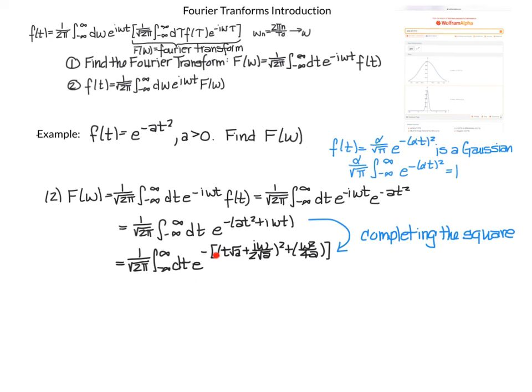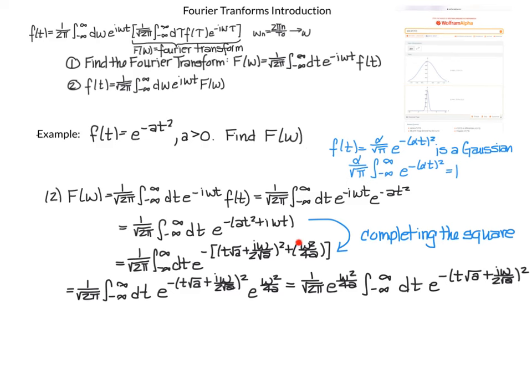Actually, I'm going to write that down here underneath so I can put a little arrow saying that I used completing the square. I'm going to get rid of my algebra over here, but I'll remind you that I got from here to here by completing the square on the exponent. And now I notice this term here doesn't have any factors of t, so this is a constant. So to pull it out, first of course I have to separate my exponents.